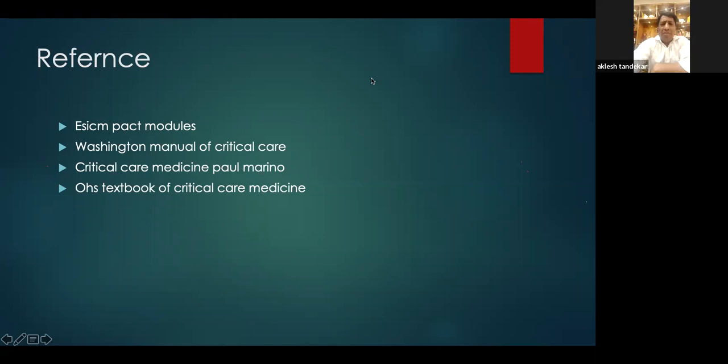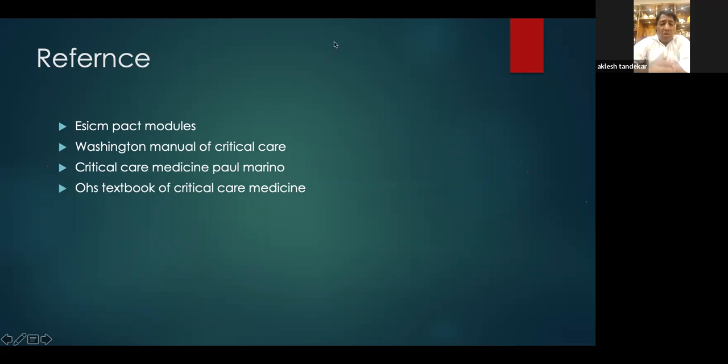Obviously, oxygen delivery depends upon cardiac output, hemoglobin, and the oxygen that is supplied. Even a small change in the cardiac output can lead to a substantial change in the oxygen delivery to tissues. At the same time, a change in the hemoglobin value can also lead to a large change in oxygen delivery. As you all are aware, oxygen is carried by the hemoglobin.